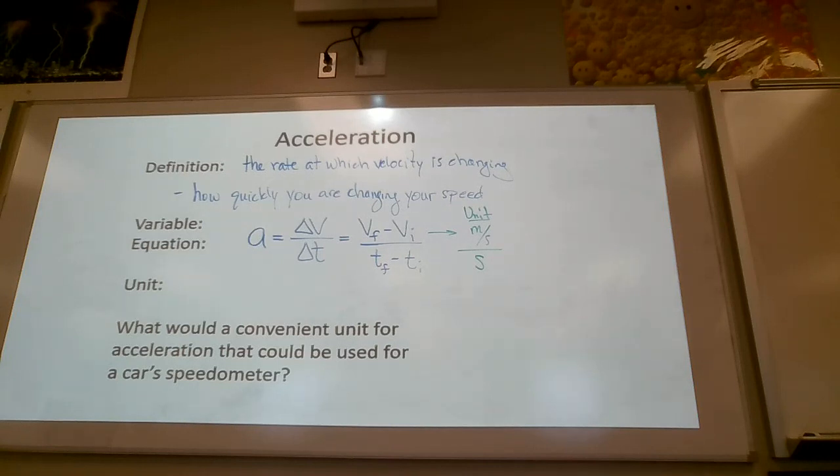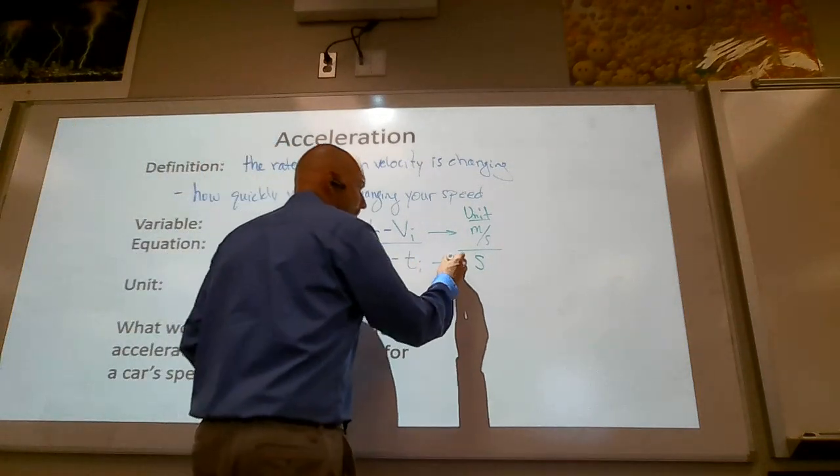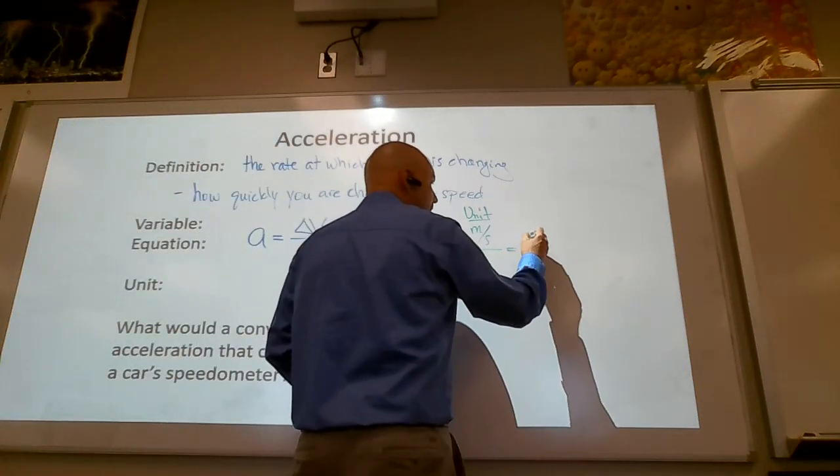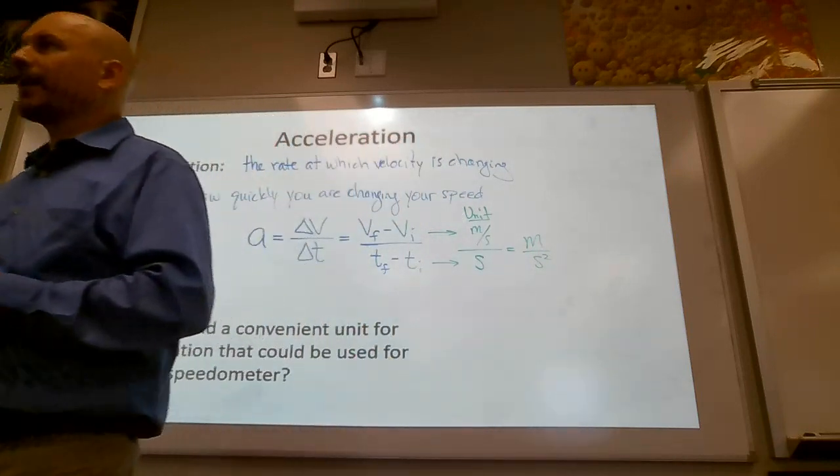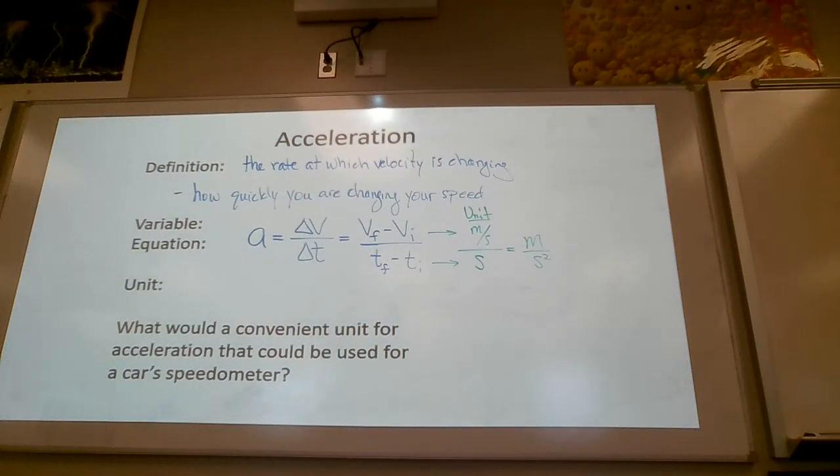Now, you can simplify that mathematically by saying meters per second squared. But oftentimes the follow-up question is, I can visualize a square meter, but a square second, what does that look like? Don't try. This is just simplified.